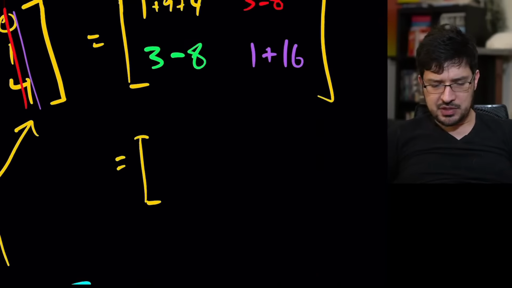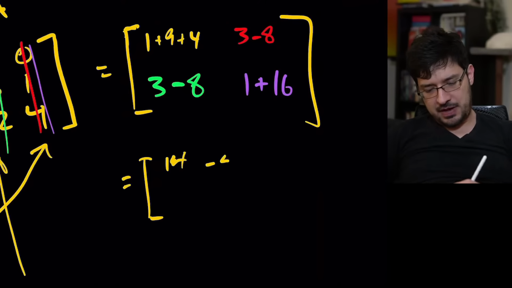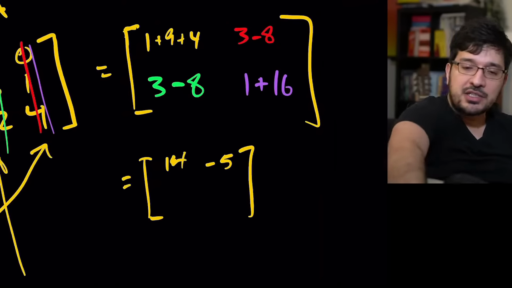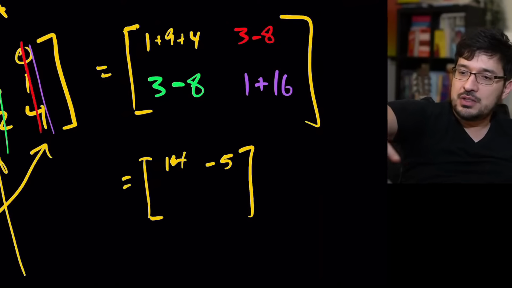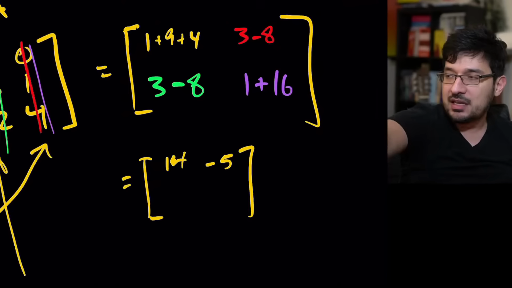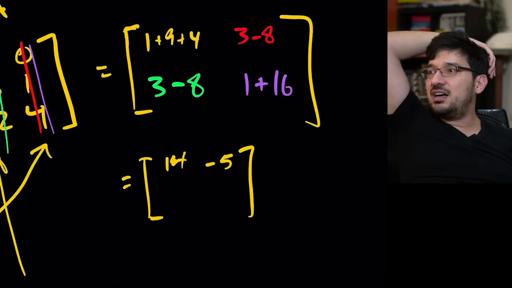So doing those additions, we got 14, negative 5, and 17. I have to go in a second, actually. Next time I can catch you in a math stream, 2017, if you put in an orthonormal basis from the span of the two columns, this fact comes out.